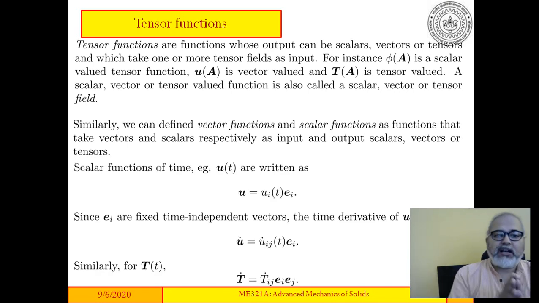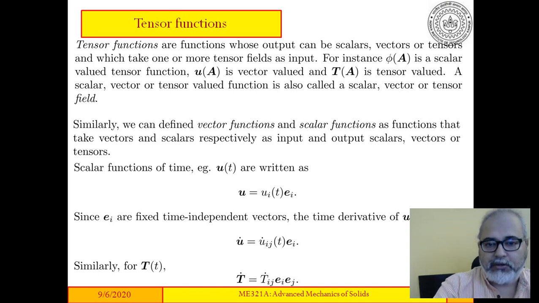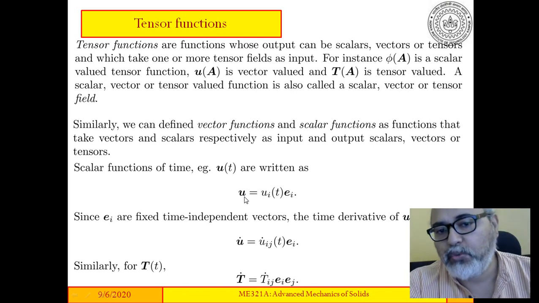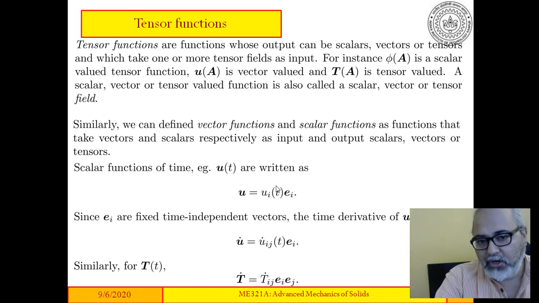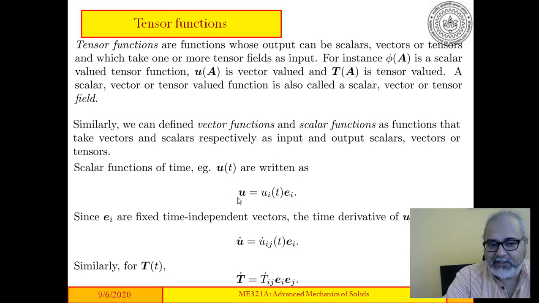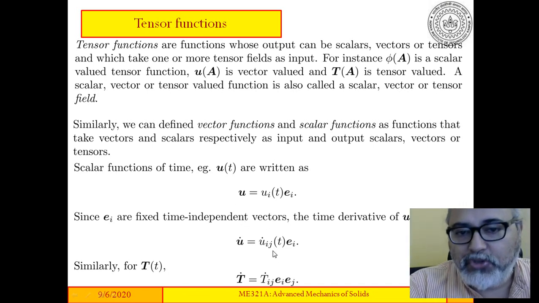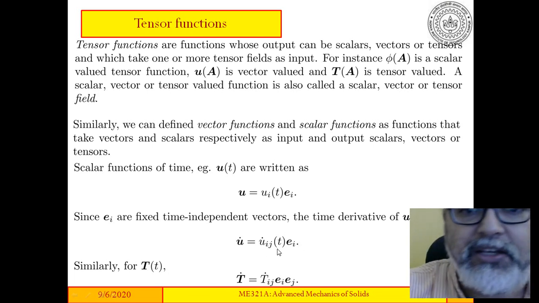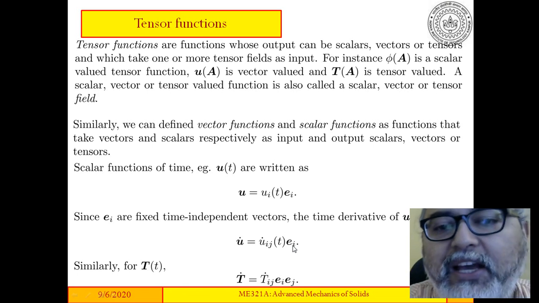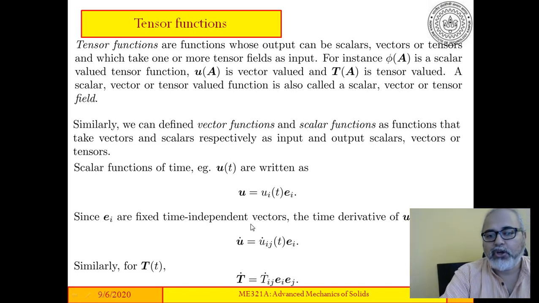So this is how we will write vectors that are functions of time. So u is a vector which depends only on time. It can be written as ui ei, where the components ui are functions of time. So the derivative of u will be, I'm sorry, there shouldn't be a j here, it should be just ui dot t. I'll correct it. So ui dot t ei would be the time derivative of u.